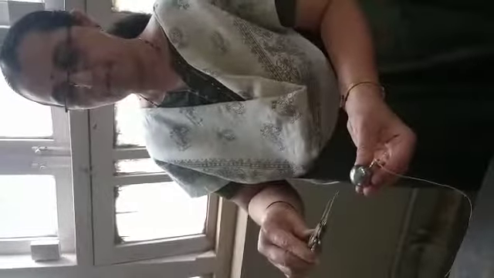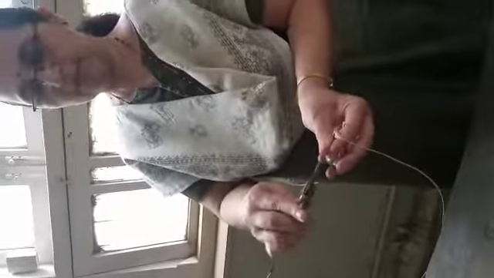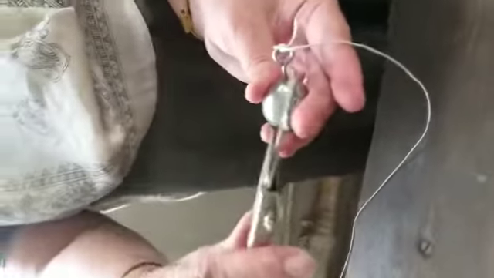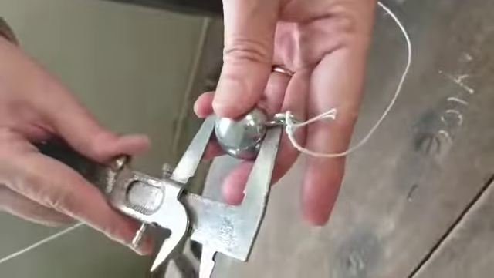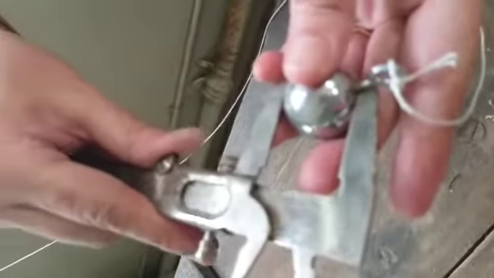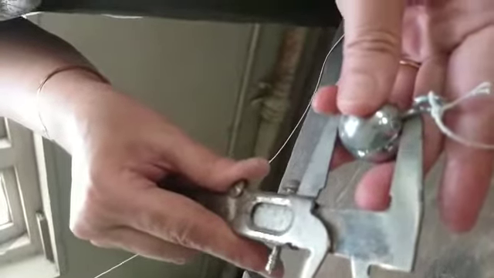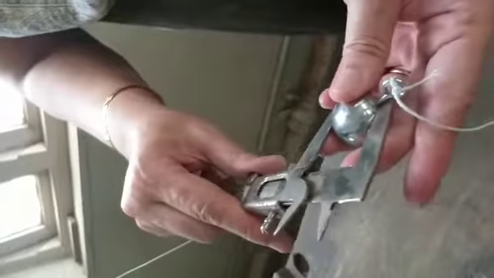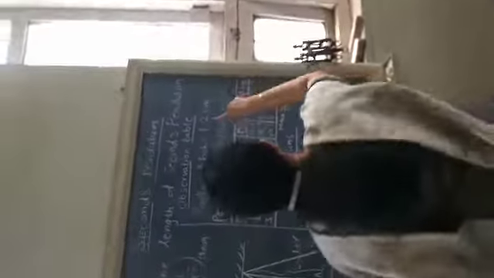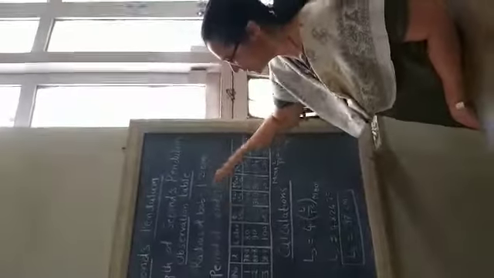Here we take only the main scale reading of the vernier caliper, and the main scale reading comes out to be 2.4. Therefore the diameter of the bob is 2.4 cm, and the radius of the bob comes out to be 2.4 divided by 2, which is 1.2 centimeter.